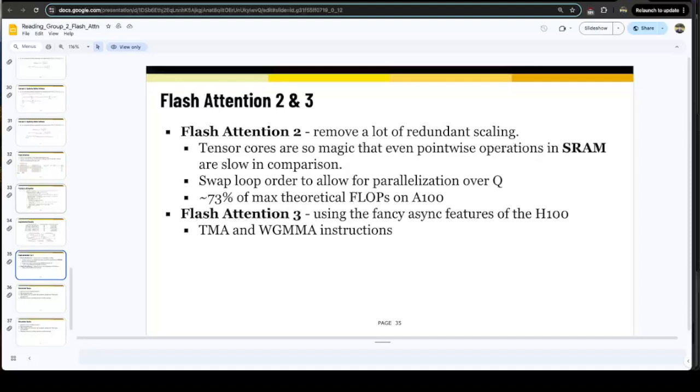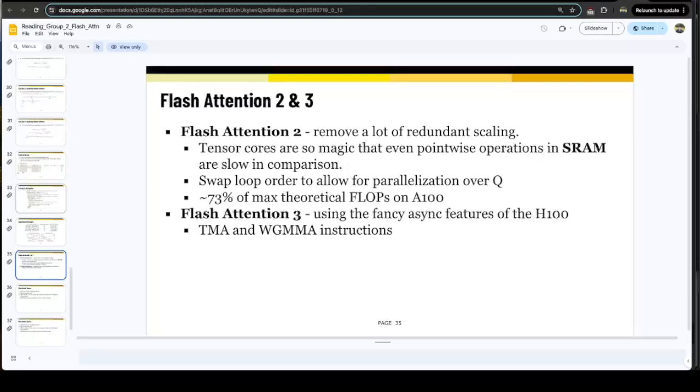The second iteration was built for A100s, and that was to remove a lot of redundant scaling operations, right? In the implementation we've seen so far, oftentimes we're swapping out the numerator and the denominator many, many times.